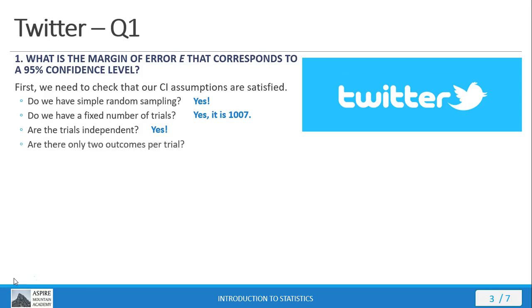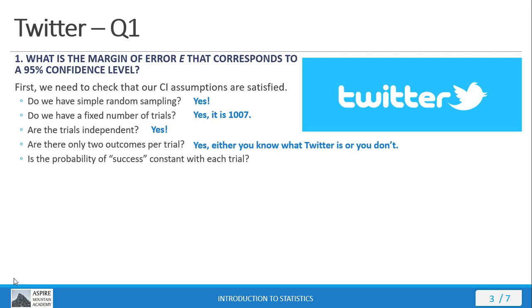Are there only 2 outcomes per trial? Again, I hope you said yes. You either know what Twitter is or you don't. So yes, there are only 2 outcomes in each trial. Is the probability of success constant with each trial?